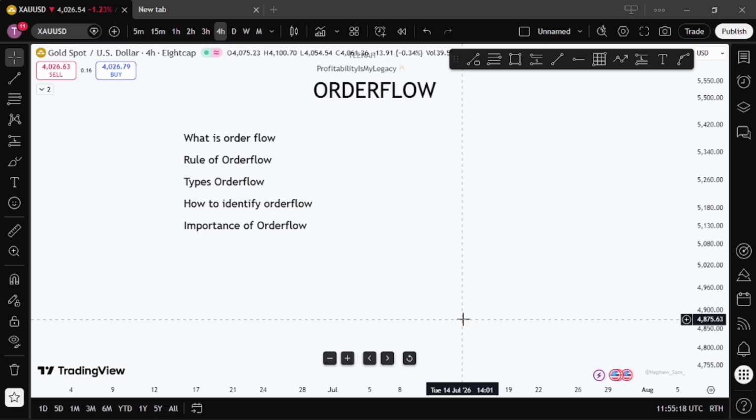That is why I said we have just two types, and right under those two types we have two other forms. The major types of order flow are the bullish and bearish order flow.